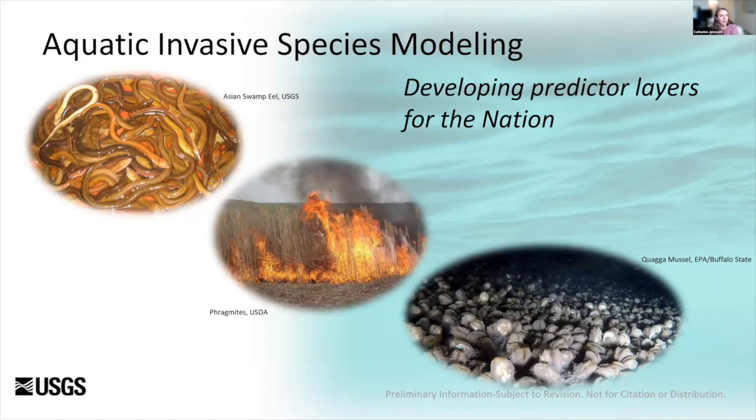One thing we get asked about a lot is that right now, INHABIT is limited to terrestrial plant species. And so we've been asked by a lot of different groups about creating models for aquatic species. So we have a couple of different projects we're working on right now, including one funded by the Northeast Climate Adaptation Science Center, and another one funded by the Army Corps of Engineers, where we're developing a suite of predictor layers for lakes and a suite of predictor layers for streams.